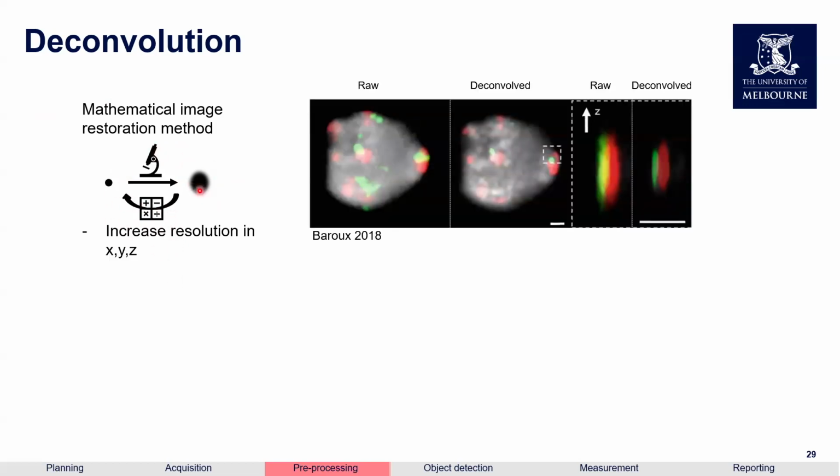By doing these calculations, we can increase the image resolution in all directions, X, Y, and Z. As you can see in this example image, if we were to measure the localization of this green and red channel, the measurements will be much more accurate after deconvolution.